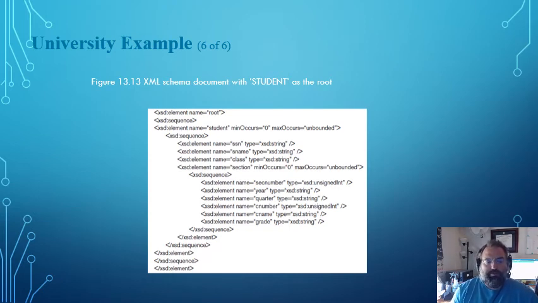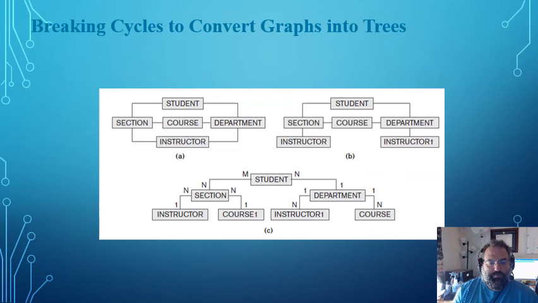One of the interesting things being modeled here is an element nested underneath a student for SSN, whereas your alternative might be to do that as an attribute, not necessarily an element. So something to think of.